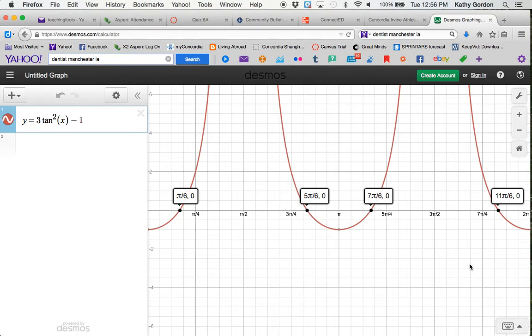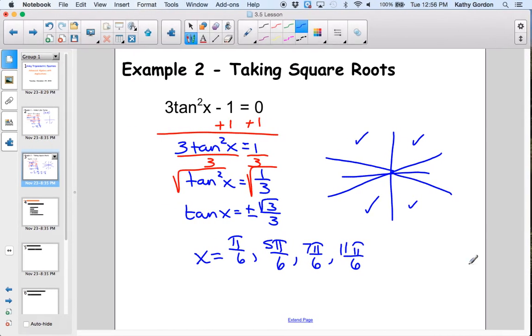Is my graph supporting what I got algebraically? Yep, pi over 6, 5 pi over 6, 7 pi over 6, 11 pi over 6. So that's a good sign. That means we're brilliant and we know what we're doing. Okay? Questions on these first two? All right, then it's your turn.